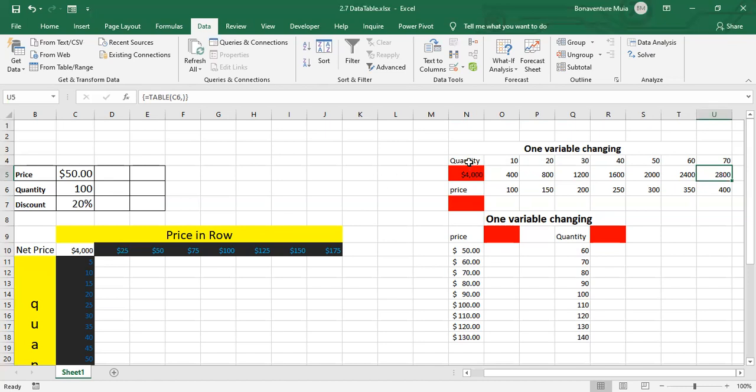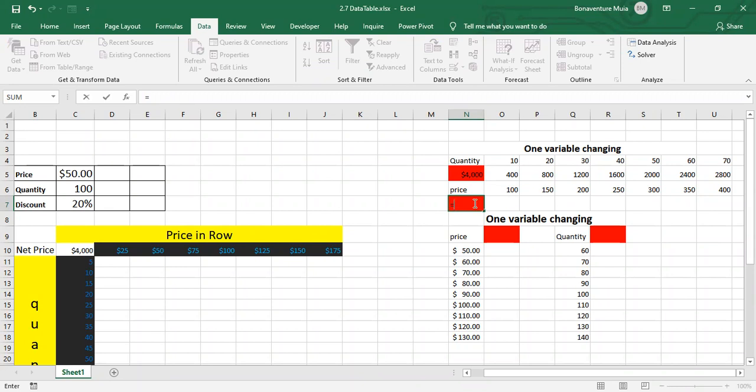Remember, what is changing in this table was the quantity. Can the same thing be applied if we change price? Yeah, the answer is yes. But before we have price on our rows and try to see with the change of price how the net price is going to be affected, we need to have the formula for the net price on this cell that is N7.